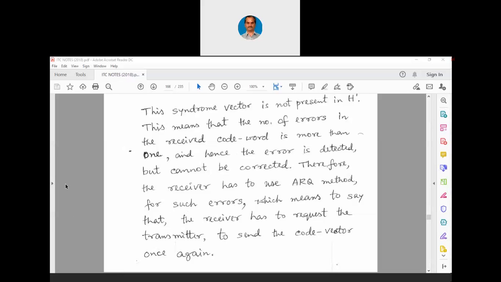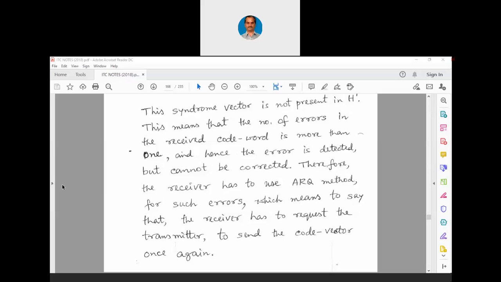Now, the receiver has to use the ARQ method for such errors, which means that the receiver has to request the transmitter to send the code vector once again only when it is unable to find the position of the error. So there will be a slight delay incurred because the transmitter has to send the code vector back and the receiver has to detect it once again.